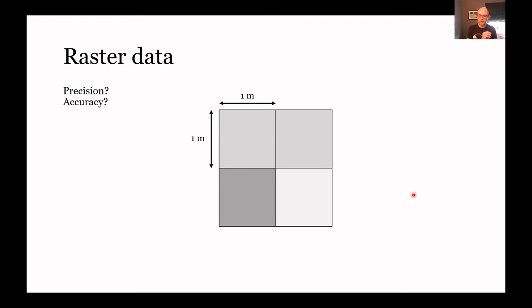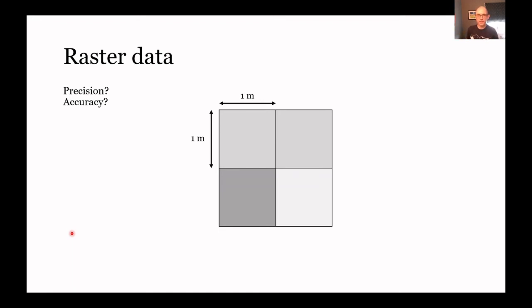But when it comes to rasters, we have a problem. So here we have a raster, and I've just chosen a cell size, 1 meter by 1 meter, square cells, and that's a raster pixel. It could be smaller or larger.